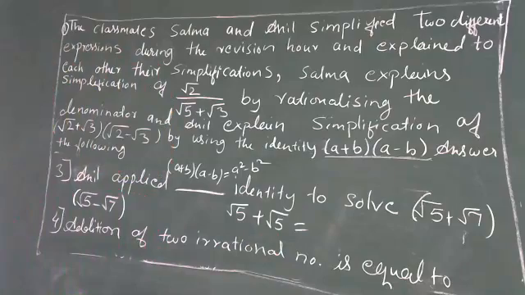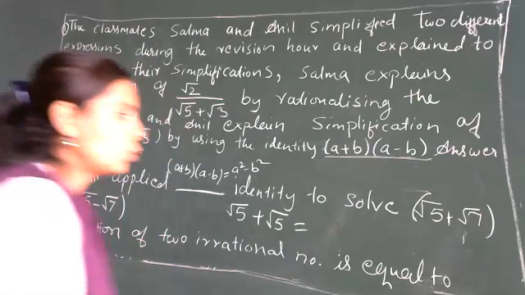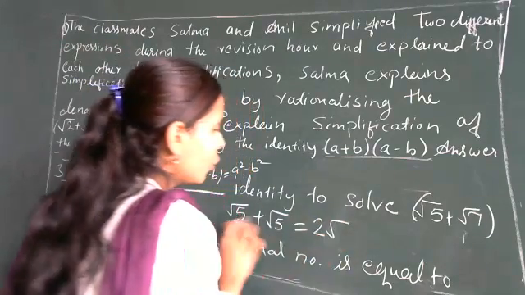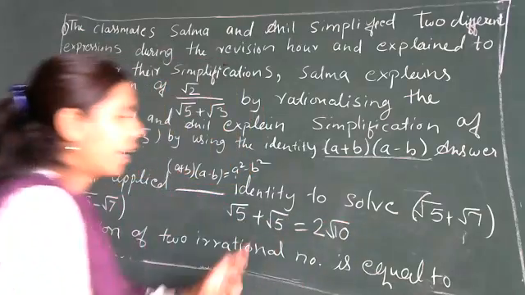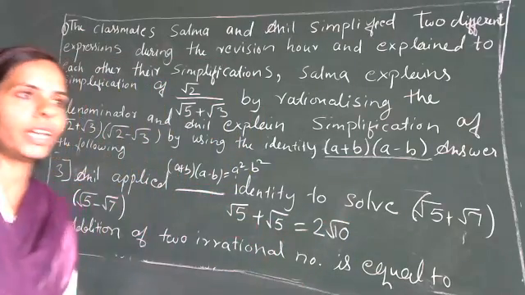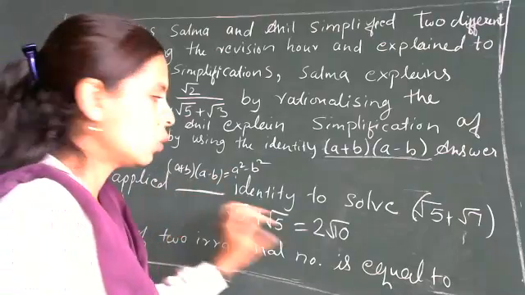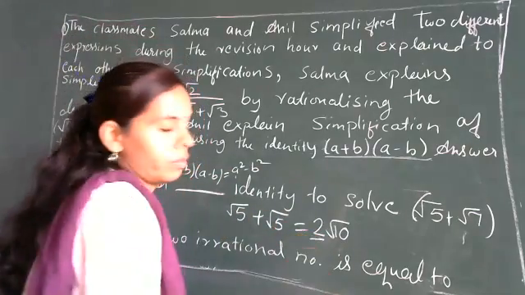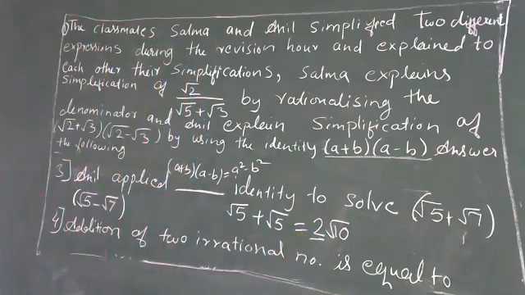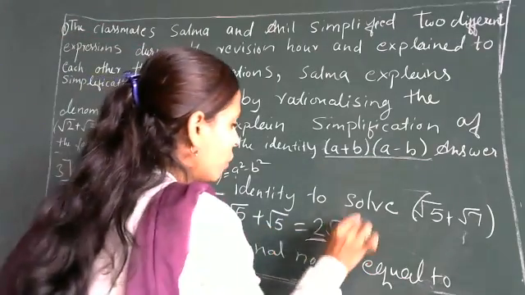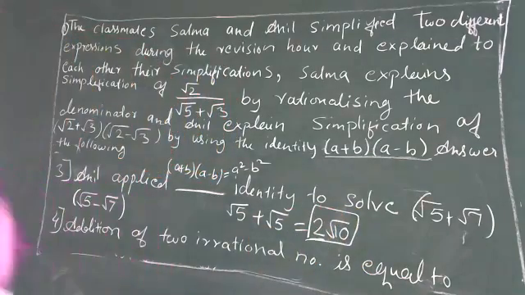Everyone is having 2 root 5. Yes, it is 2 root 5. We are not going to add the values inside the root. We are adding the coefficients like we do in a variable expression, whatever coefficient is there with x, that we add. So 2 root 5. Now 2 is what? It is a real number and a whole number, so this is a rational number.